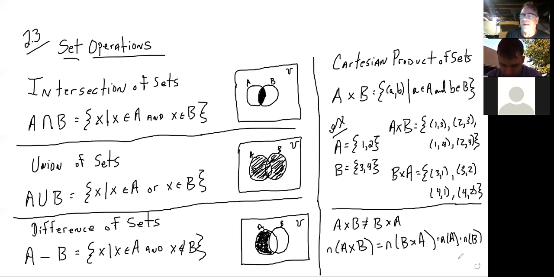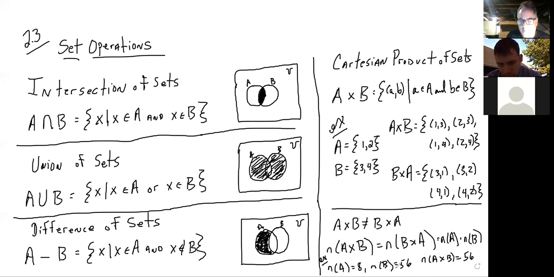If I gave you a set A with a cardinality of 8, and a set B with a cardinality of 56, then I would know without writing them all down that the cardinality of A cross B or B cross A would have to be 56 in that example.